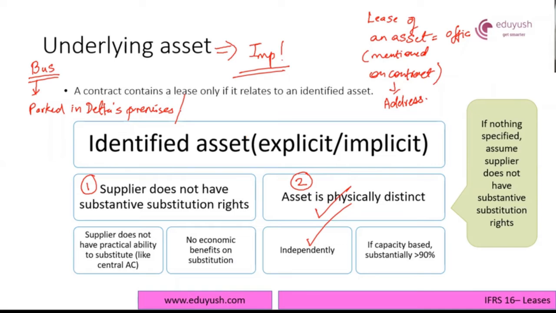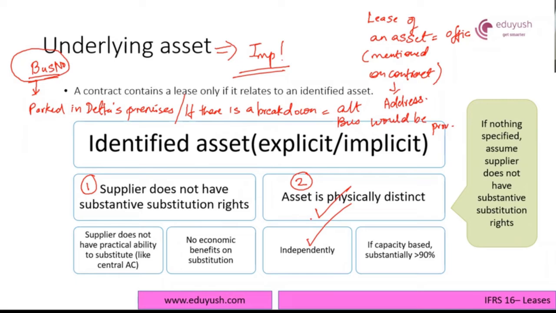Also, it says that if there is a breakdown, then an alternative bus would be provided. So first of all, in the contract, they mentioned the bus number.